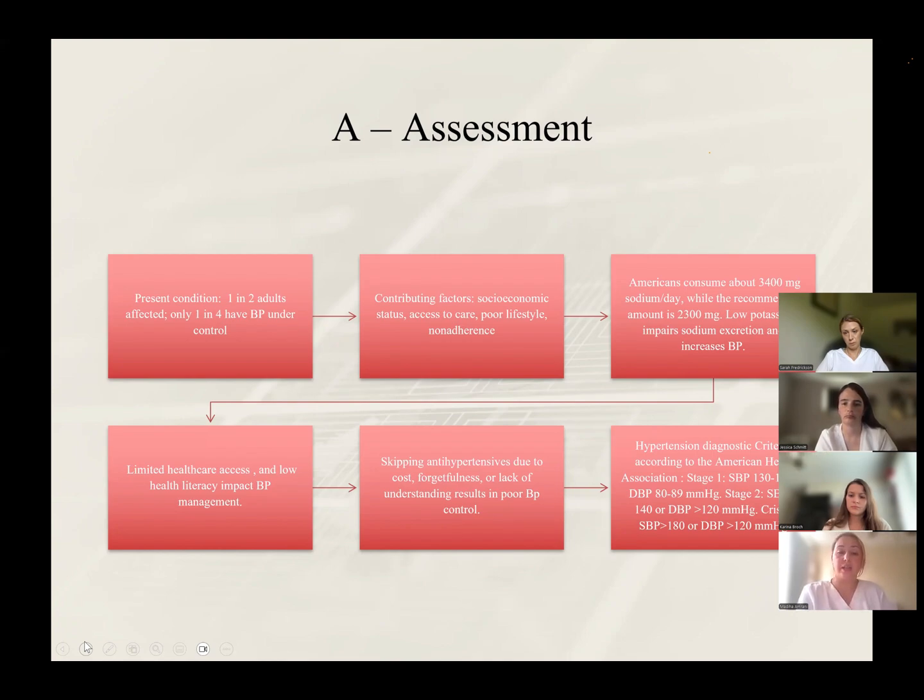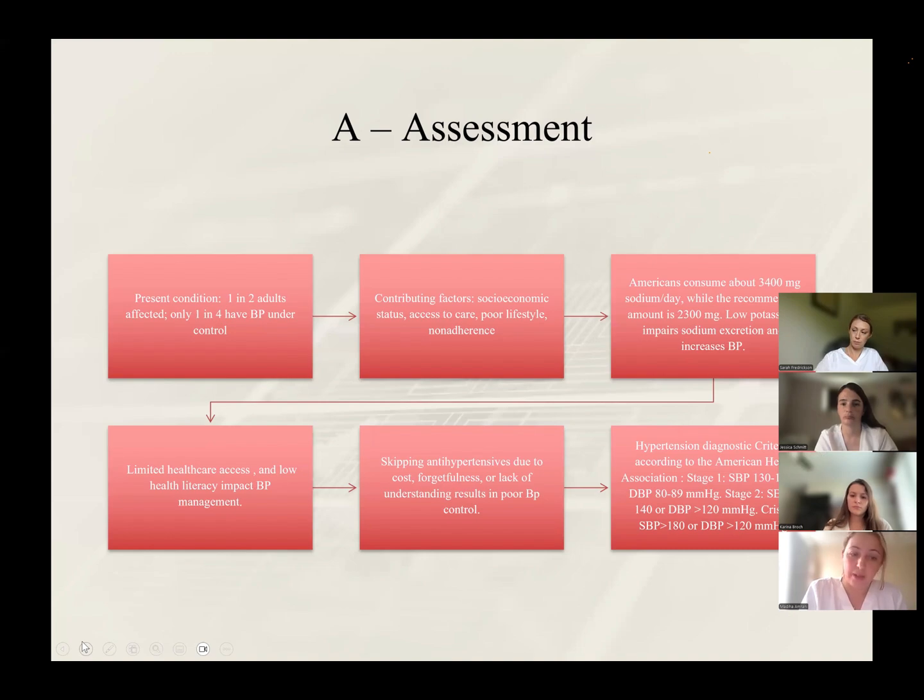Studies also showed that low potassium impairs sodium excretion and increases blood pressure. So consuming a little more potassium and decreasing sodium will help our community prevent hypertension.